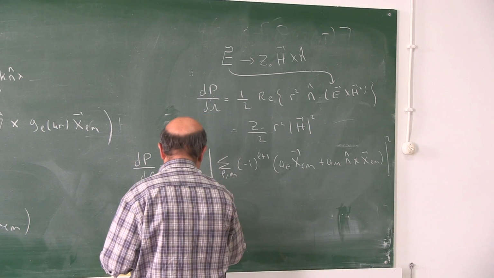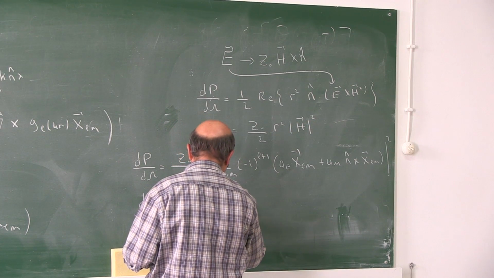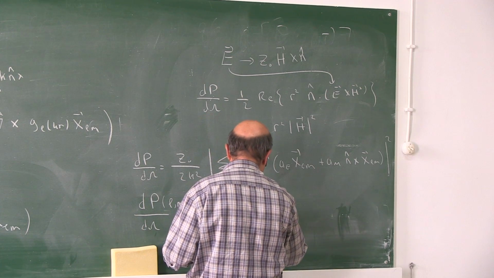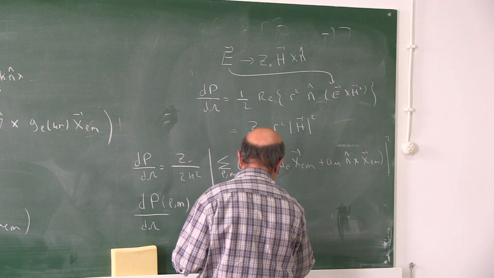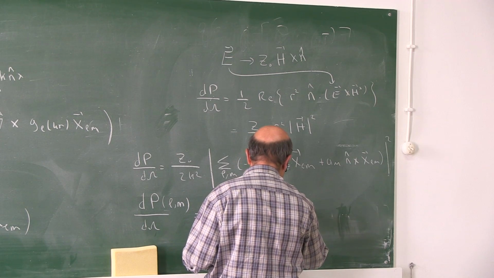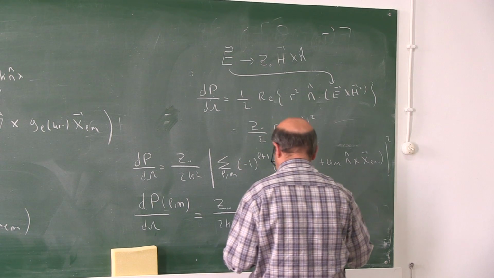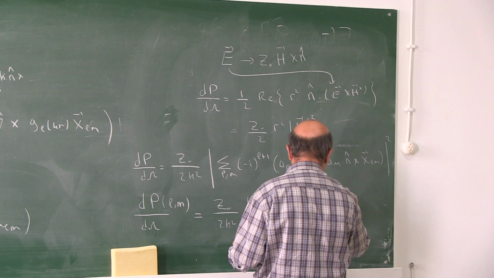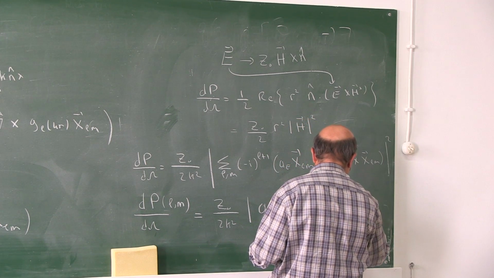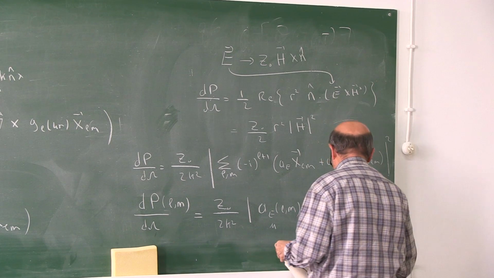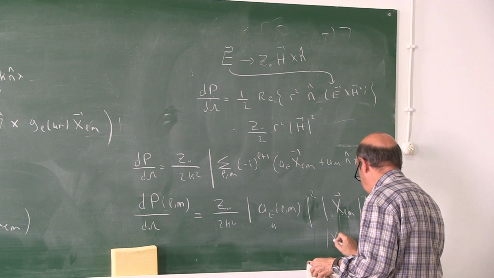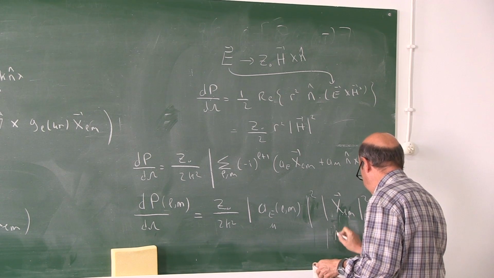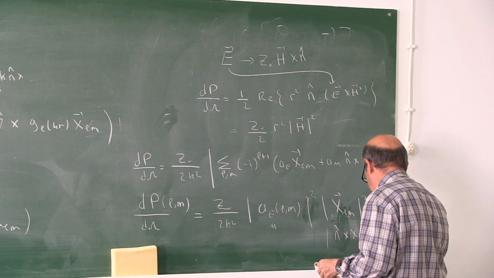that could be written as Z0 over 2k square, AE or AM Lm, magnitude, x Lm square, or x Lm cross n cross x Lm square.